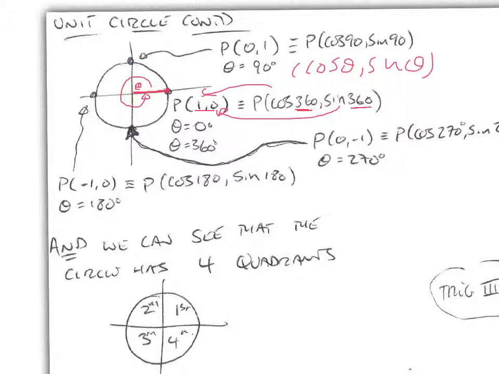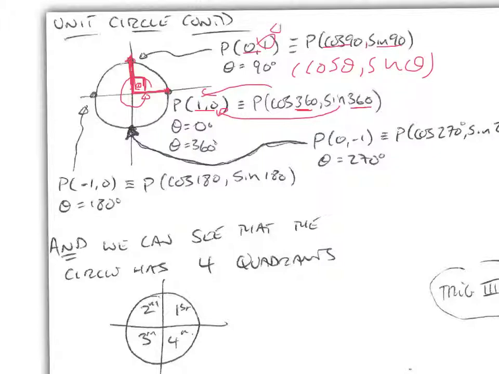This point here, where theta is 90 degrees, coordinate-wise is 0 along the x and 1 on the y, (0, 1). But also, in relation to the trigonometric ratios, it's cos theta, sine theta. So cos of 90 is 0, sine of 90 is 1.